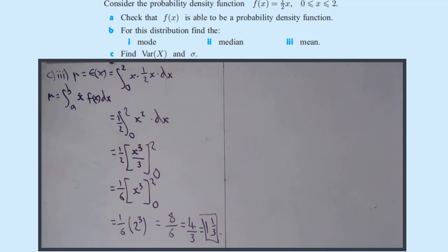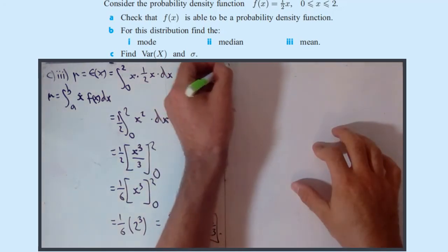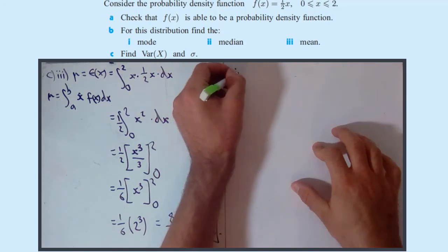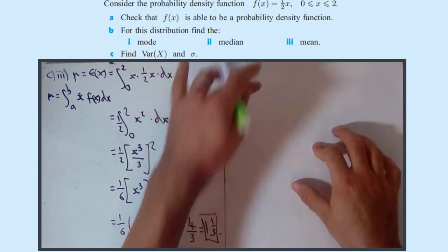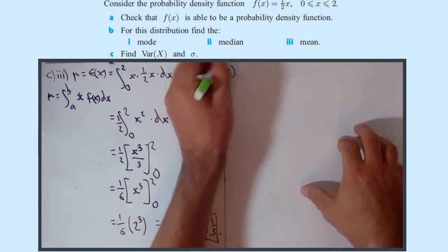Right, the variance, part C4, hopefully we'll get room. Right, for this part we need to find the variance and sigma.